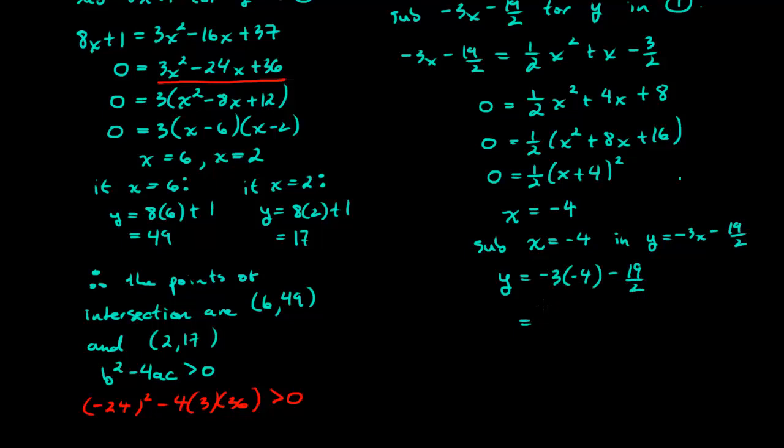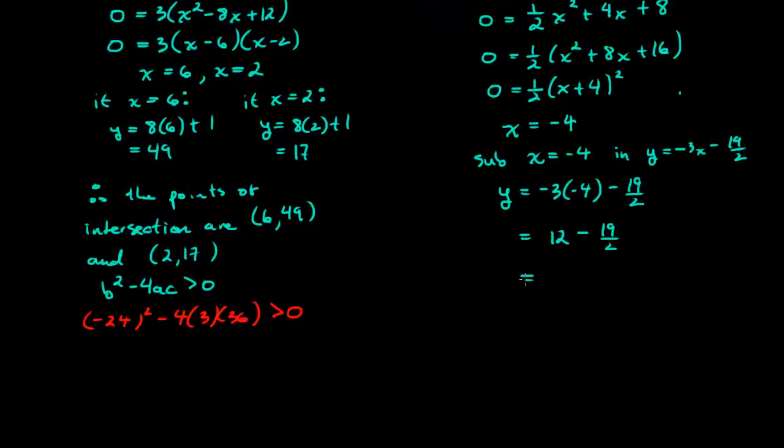Well, negative 3 times negative 4 is 12. So I've got 12 minus 19/2. 12 can be rewritten as 24/2. 24/2 minus 19/2 is 5/2.